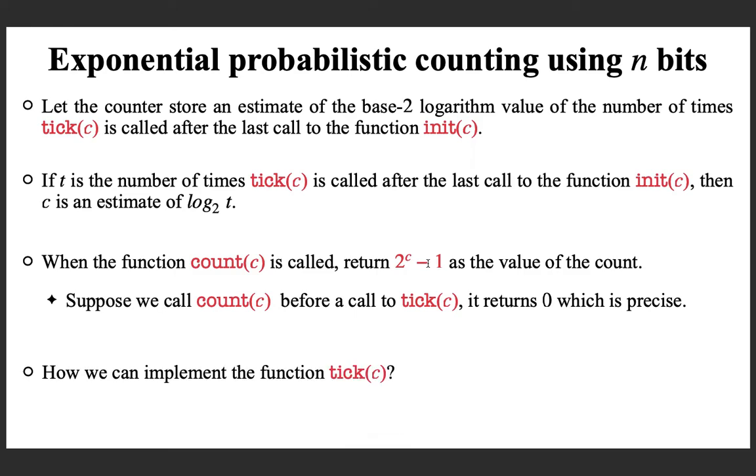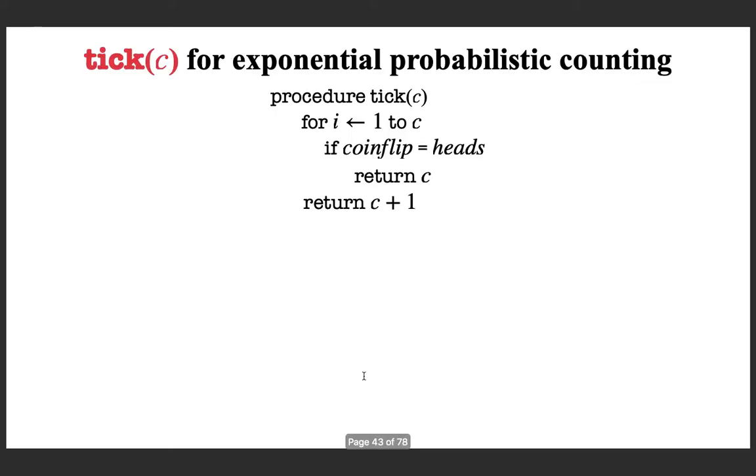Now the question is, then what should be the implementation for tick when you wanted to store log t in C? We can look at a given implementation. What is it doing?